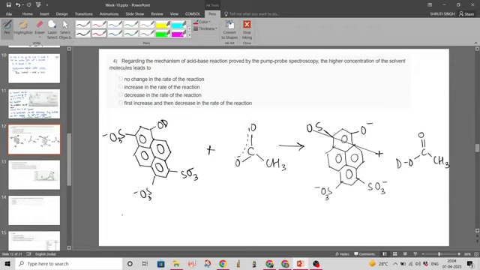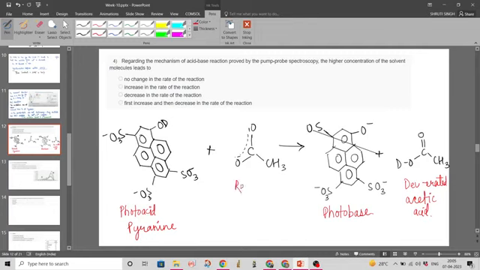Now this one is the photoacid, pyranine, and here is its photobase, and this one is deuterated acetic acid, and here it's a regular base.